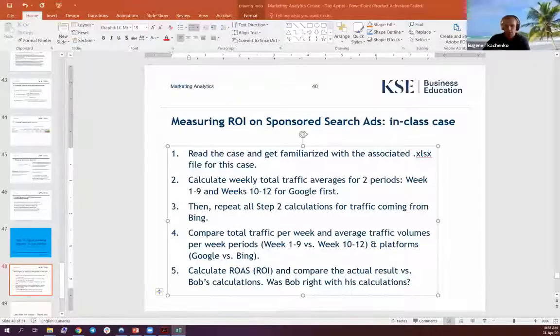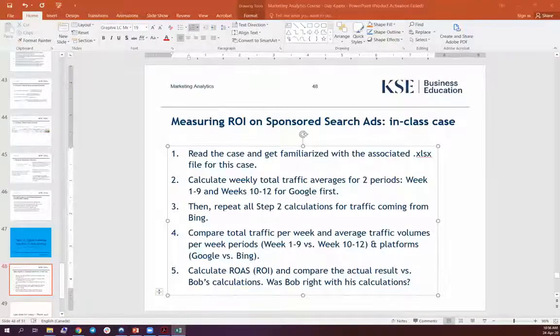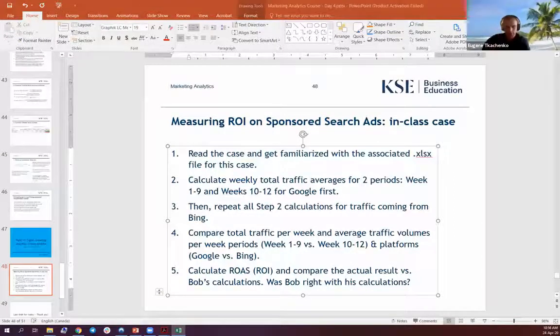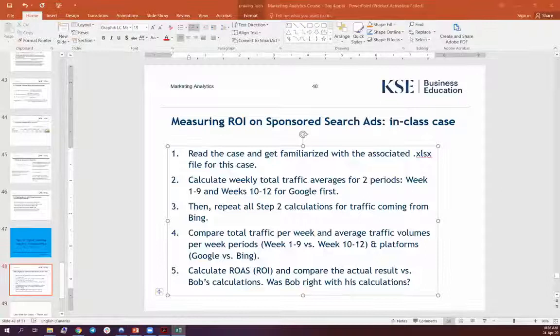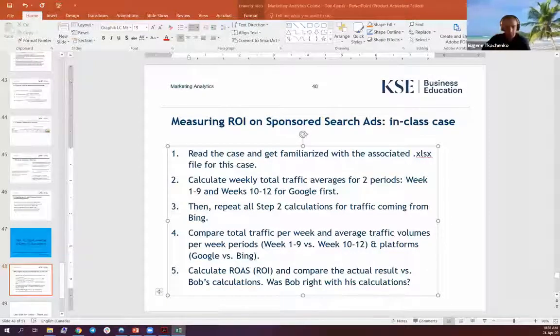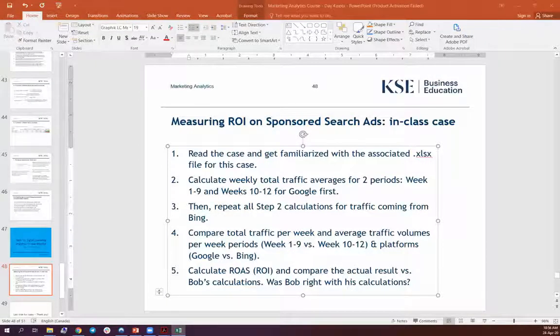Please type it in or unmute your mic so I can hear you and we all can hear you. Anyone else? Hi, Kenneth. Yeah, so I'm looking at the Bing, which, because there was no glitch, is kind of the control. There was around a 3.5% decrease between week 1 and 9 and week 10 and 12.